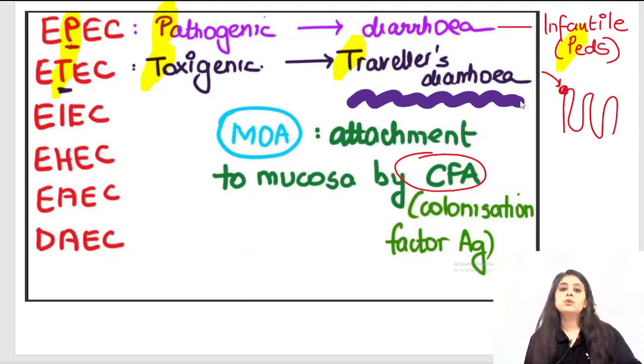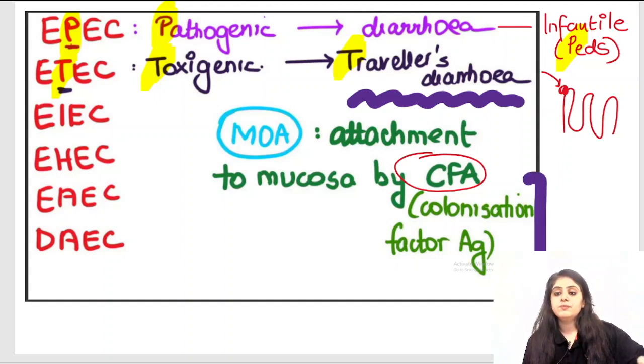Because you want to explore a new place. You want to find out what their culture is, how the people are, how the food is, how their overall environment is, how they live, basically how is their colonization. So when we travel, we are interested in knowing about the colonization. So remember, for traveler's diarrhea, it is going to be ETEC, and it's the colonization factor antigen which is responsible.